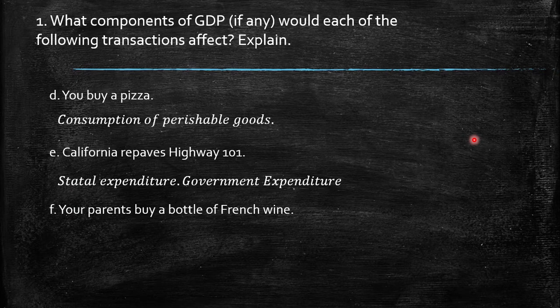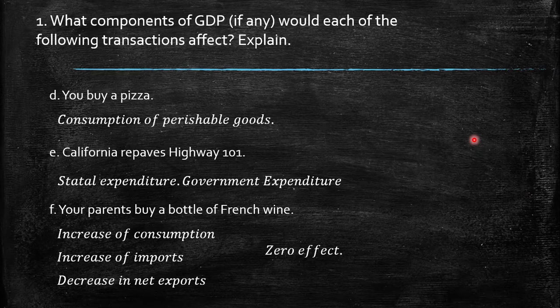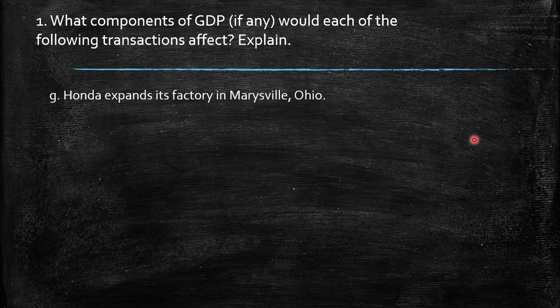F. Your parents buy a bottle of French wine. There is an increase of consumption, but there is an increase of imports, and then a decrease in net exports. So at the end of the day, when you buy an imported good, it is considered zero effect because of the net exports decrease.